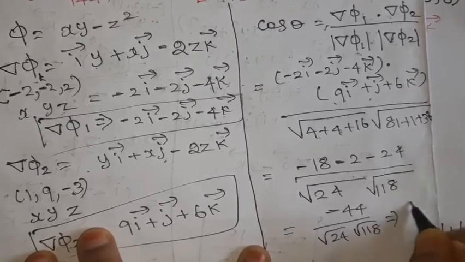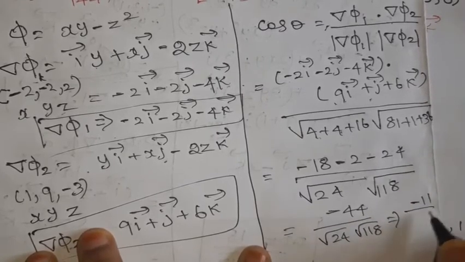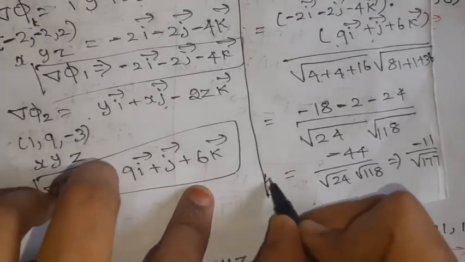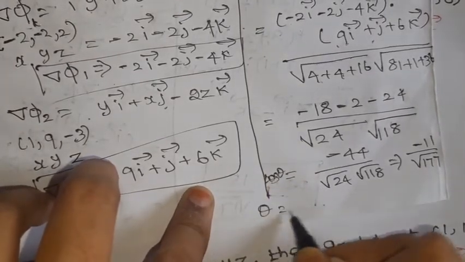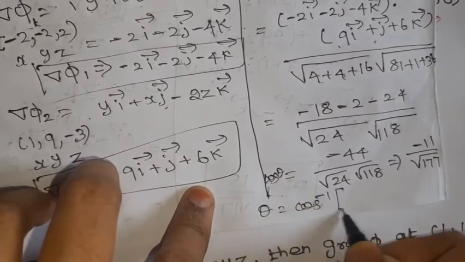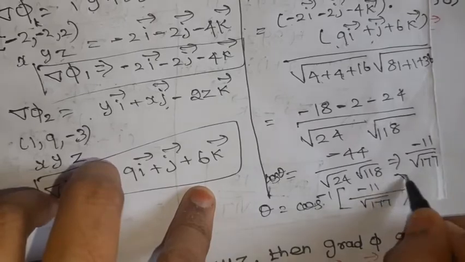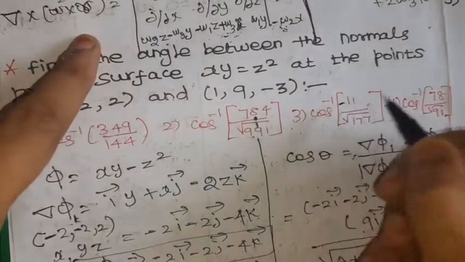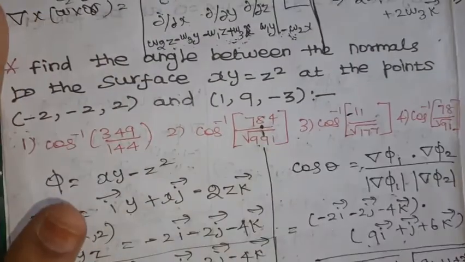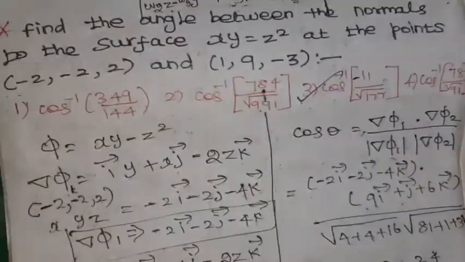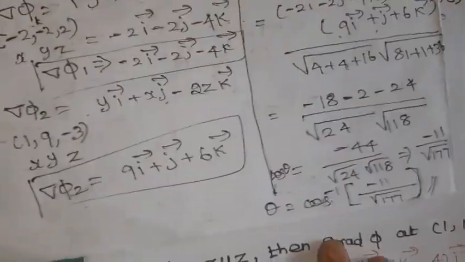By simplifying, we will get minus 11 by square root of 177. By simplification, this is cos theta. What is theta? The angle, only the angle is asked now. Cos inverse of minus 11 by square root of 177 is the answer. So option 3 is the right option for this.